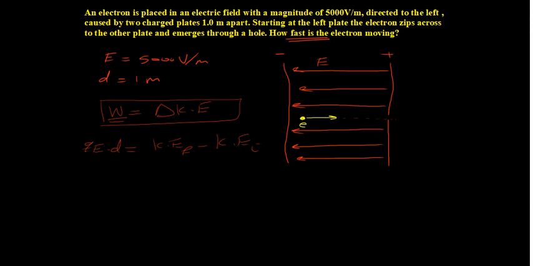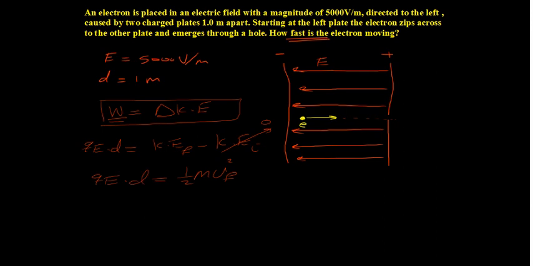Now, initially there was no kinetic energy, starting from rest, so that part is gone. The kinetic energy is a half m v squared, and we can call it v final. Here it is qEd.